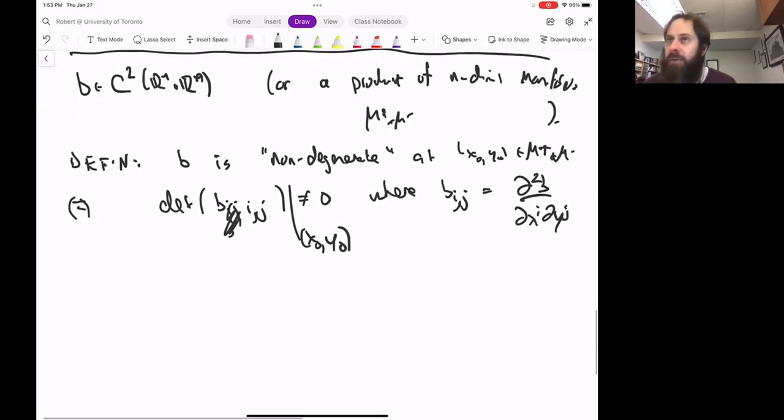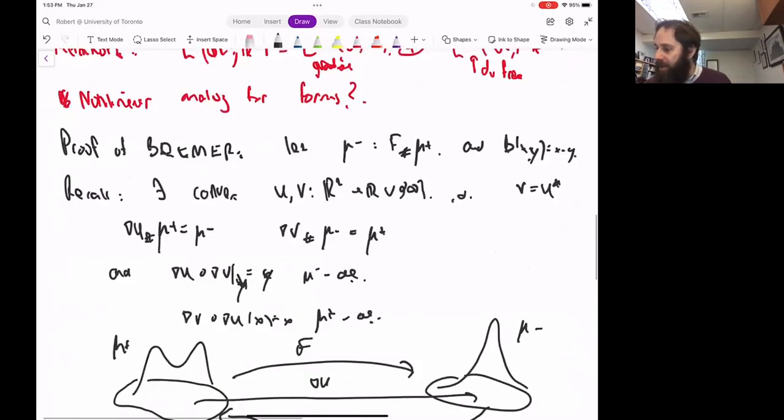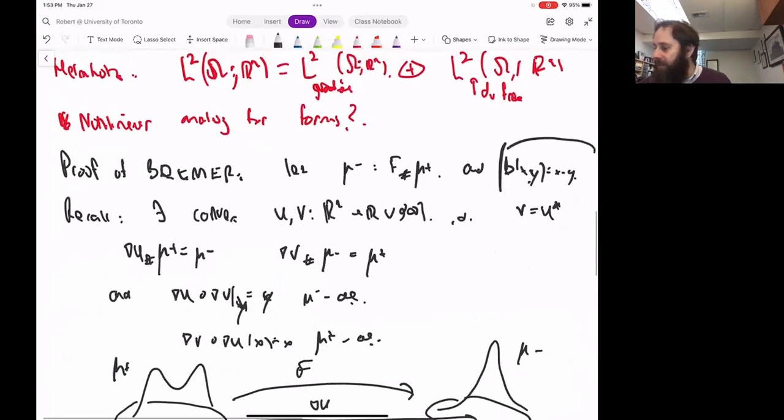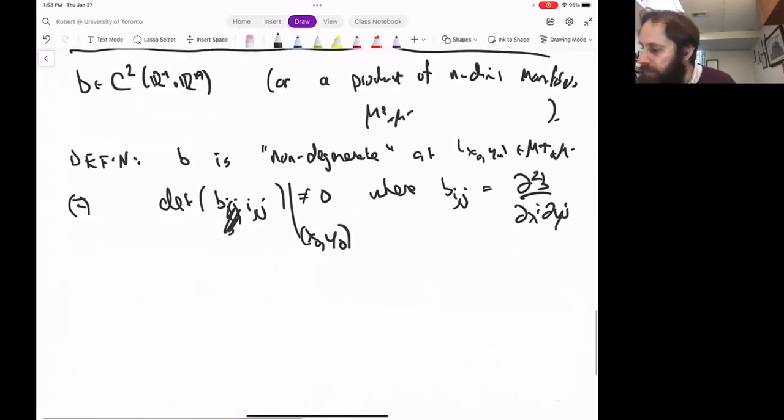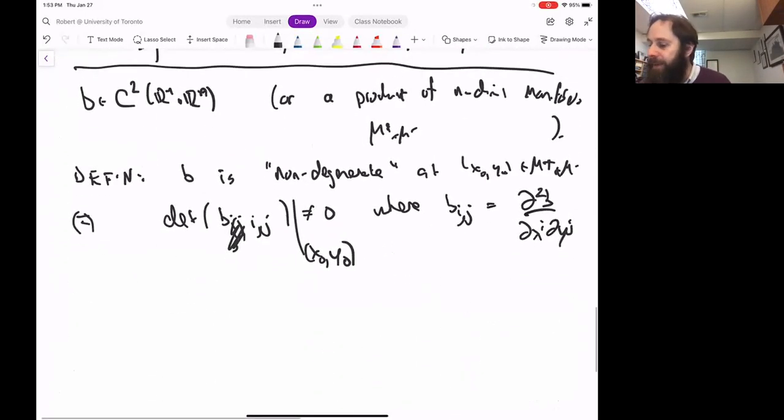And so the point of this definition is that whenever you have a non-degenerate cost, then locally around X naught, Y naught, the optimal transportation behaves a lot like it does for the canonical bilinear cost. And more or less the proof of this is by Taylor expansion, but let me write a nice theorem.